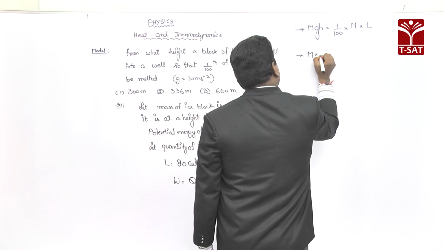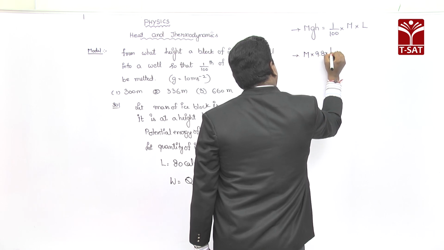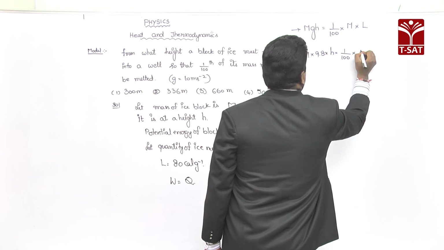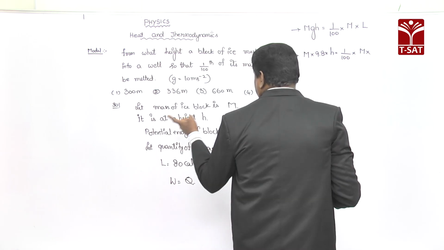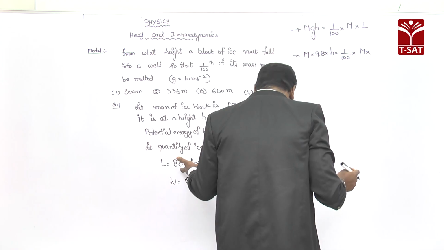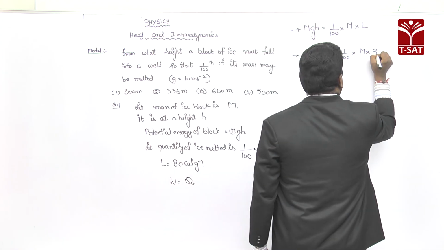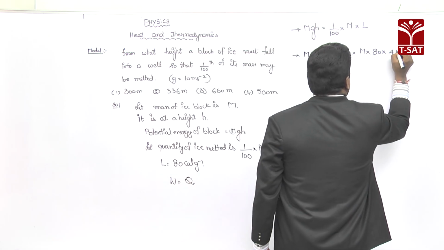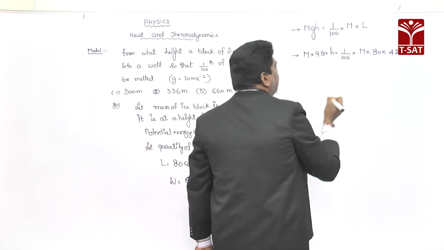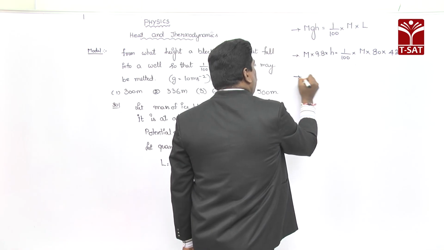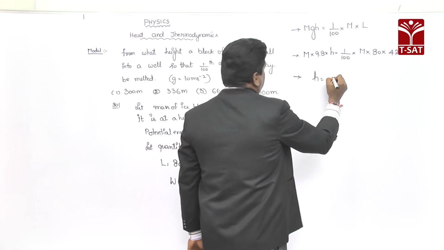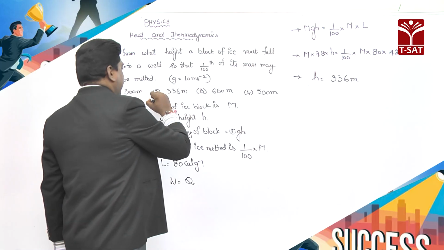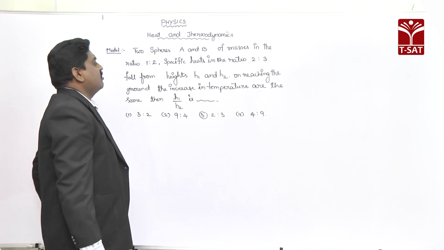M into 9.8 into h is equal to 1/100 into the mass M into the latent heat of ice, which is given as 80 calorie per gram. So, 80 into, converting calorie per gram, we get 4200. On simplifying this, we get h is equal to 336 meters and our option is the second one here. Now, let us see another model here.